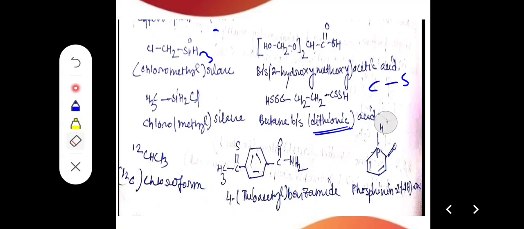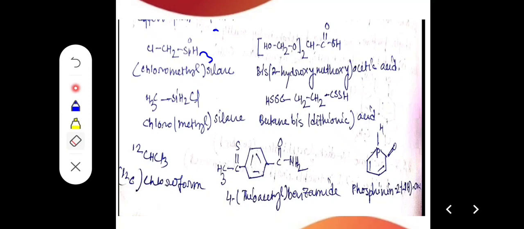Now consider why the first bracket is introduced, because after using bis we have to use in bracket the term dithionic, then acid. The overall compound is an acid, so it is outside of the bracket, but we have to mention which unit is present 2 times. That's why we use the bis term.